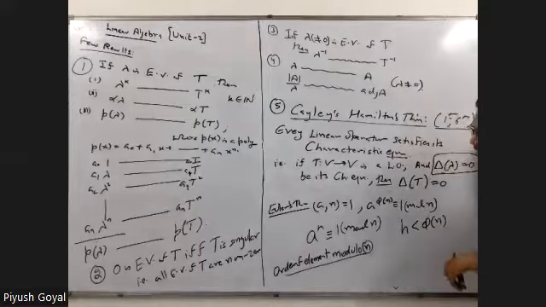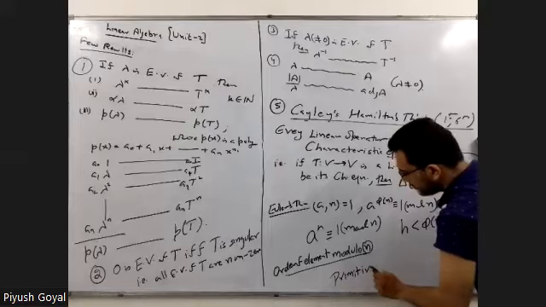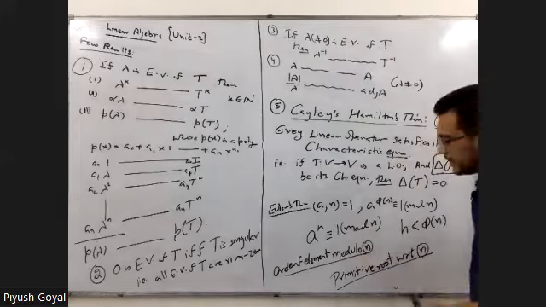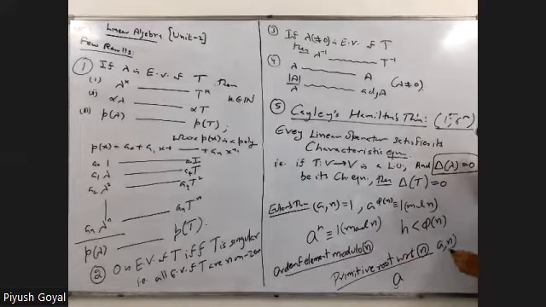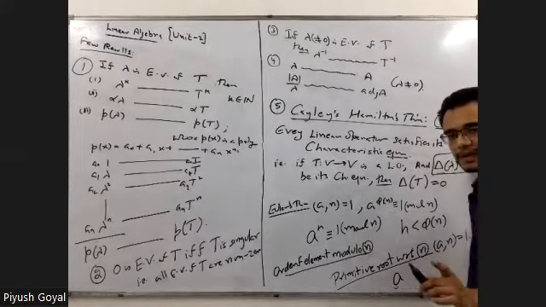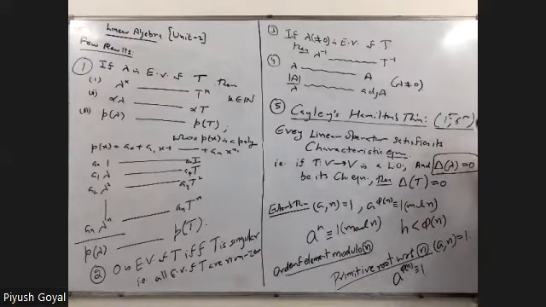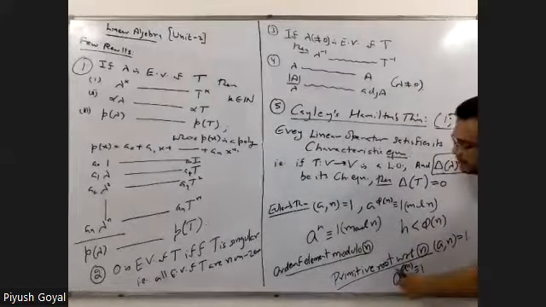From this we get primitive roots with respect to n. A primitive root with respect to n is that a which is co-prime with n, and when you raise a to power phi n, this will become 1 modulo n, but no other power less than phi n will make it 1.